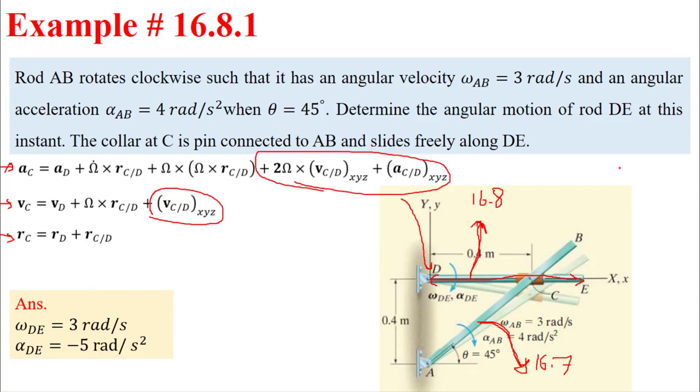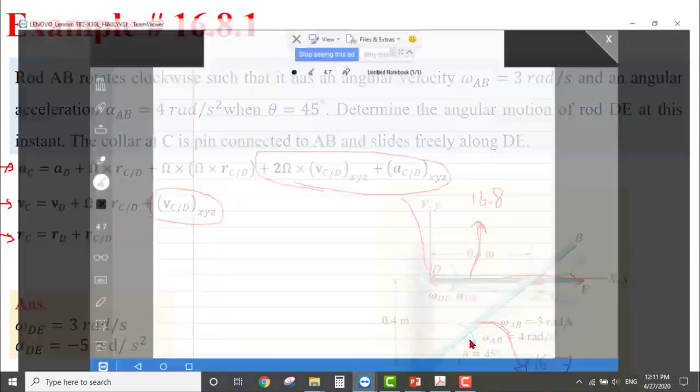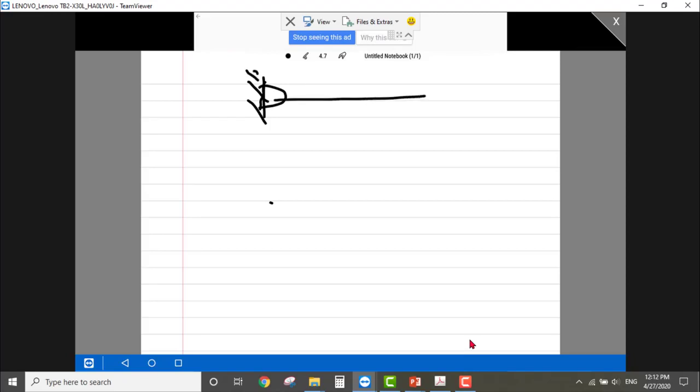Let's now move to the solving board. Here is the solving board, and let me first start by writing the given information. Actually, the total length of the pipe is not important to us. Why? Because we are looking only up to the point where the slider is located.